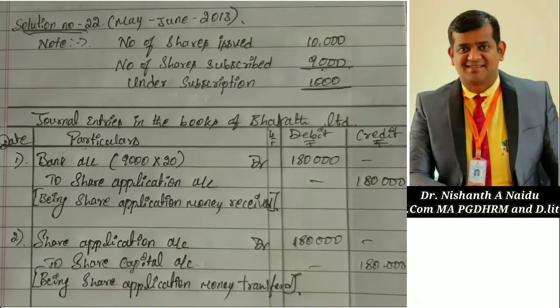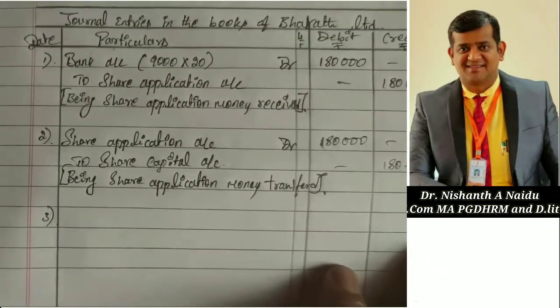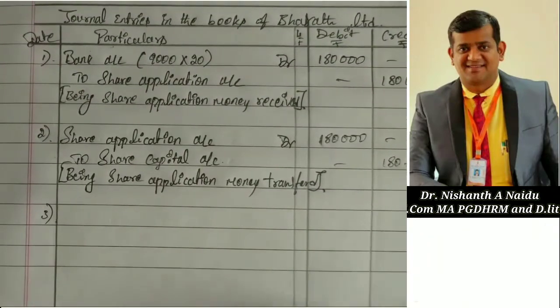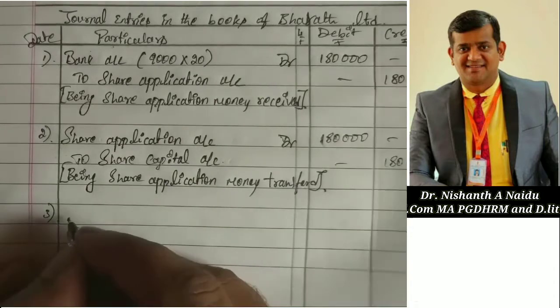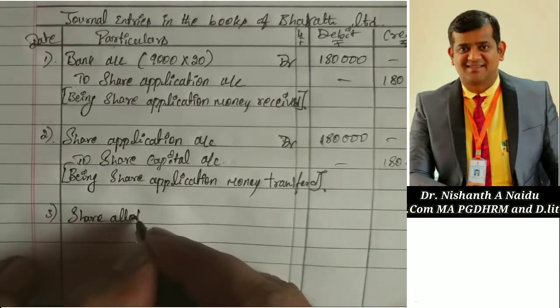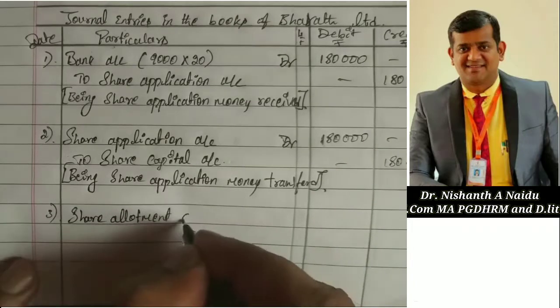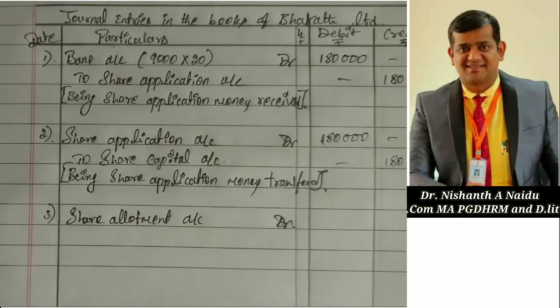Okay, so now the third journal entry. So this is an allotment entry. Share allotment account debtor, and this problem has a discount.